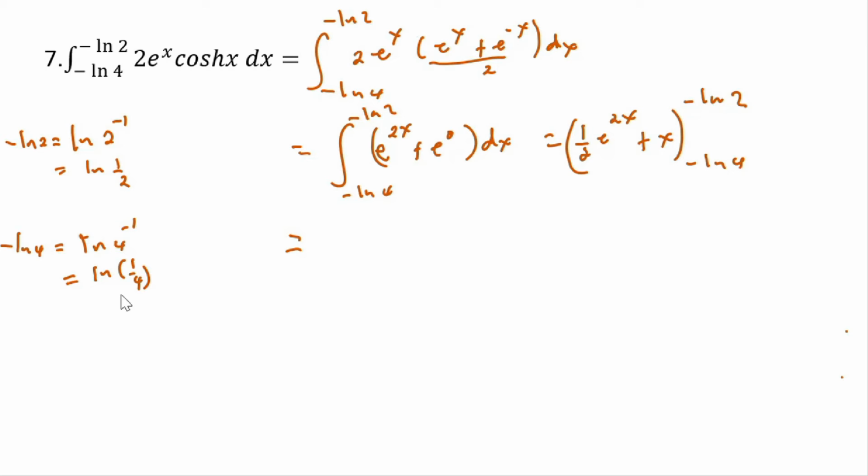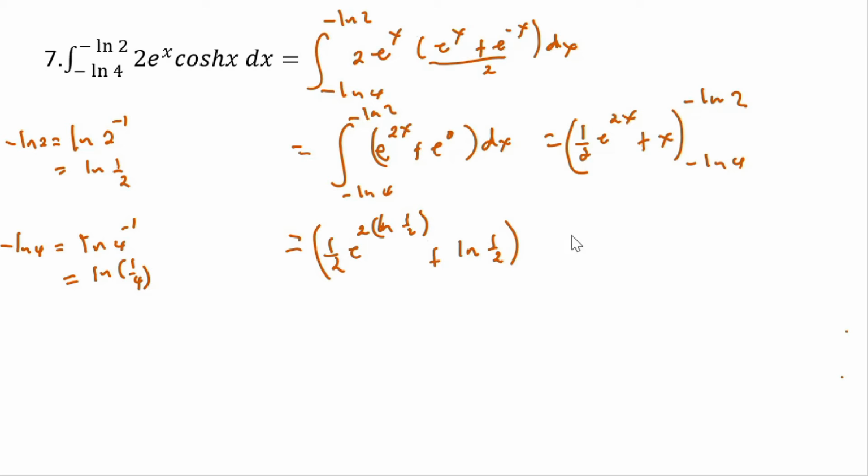Okay, so from there, we are now going to use the fundamental theorem of calculus. Our f of b now will give us 1/2 of e raised to 2 times the negative ln of 2, but negative ln of 2 can be written as ln of 1/2, plus x, that is now ln of 1/2.